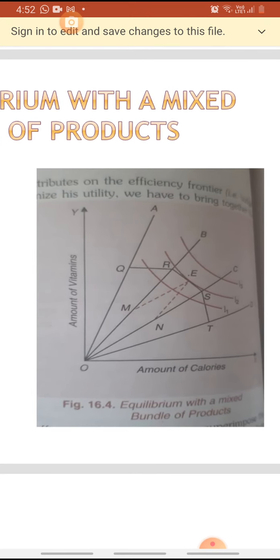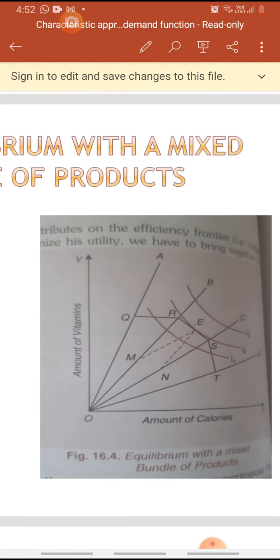So here QRST is there, and we are going to have a mixed bundle. We need to have OM quantity of product B and ON quantity of product C. So our equilibrium will be at point E, where QRST is tangent to the highest indifference curve.